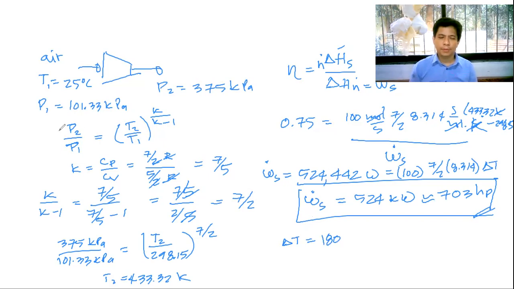Siyempre pag kinompress yan, idadagdag nyo lamang ito sa initial temperature na 25. So, ang final temperature is 180 plus 25 plus 273 para maging Kelvin. So, this is 478 Kelvin.